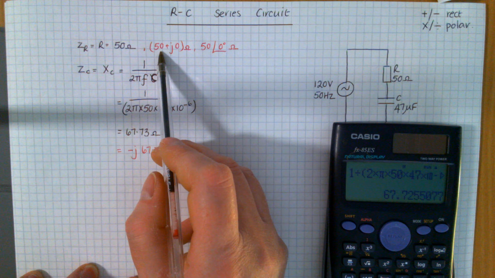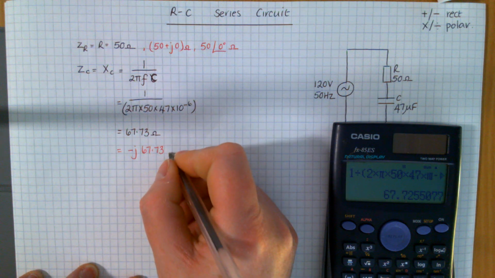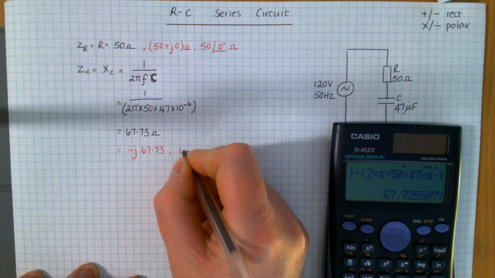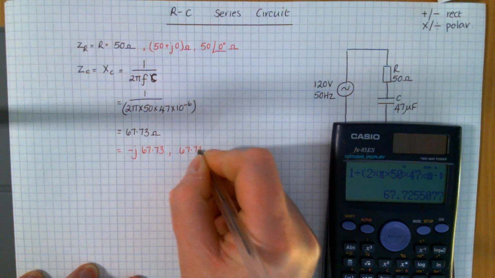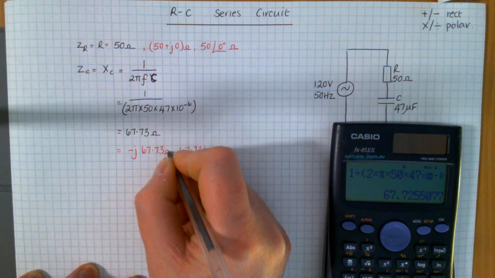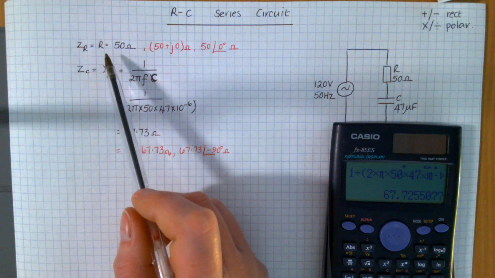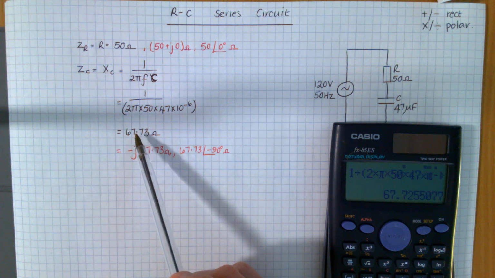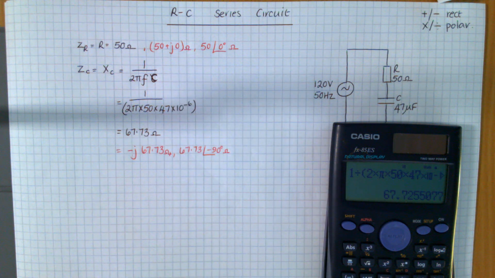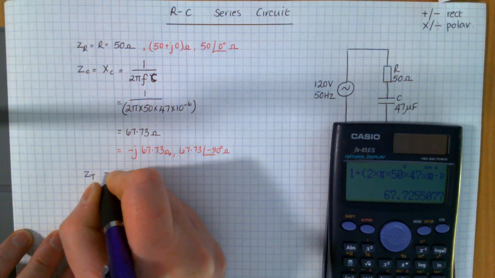Resistors are real, as in they have no J part. Inductors are plus J's, capacitors are minus J's. And as a polar number, this capacitor is 67.73 at an angle of minus 90. These are all ohms. So now we have our value of our resistance and our capacitive reactance, in polar and rectangular.